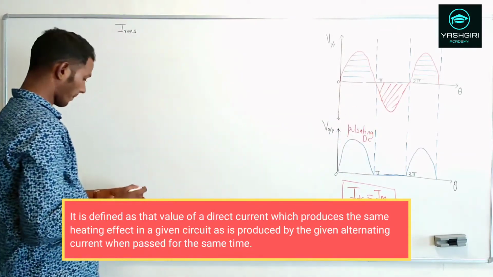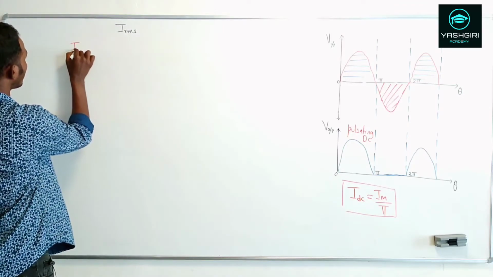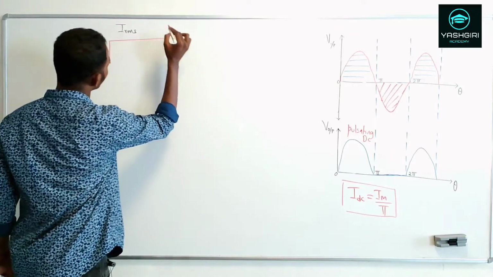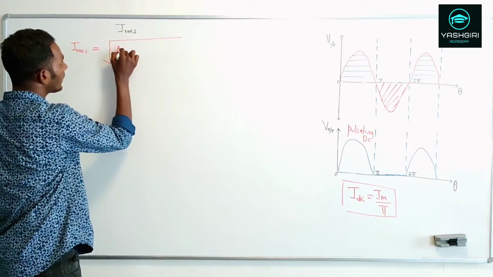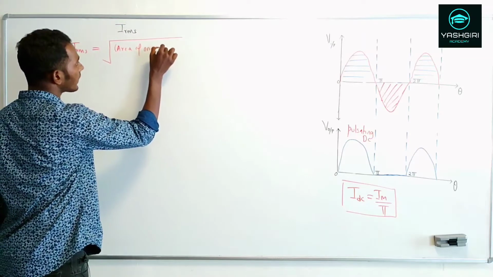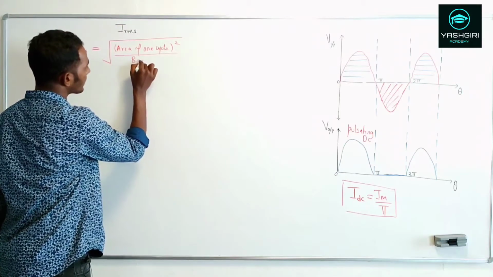Okay, so the IRMS I can calculate: IRMS is equal to the square root of the area of one cycle, the whole square, divided by its base.